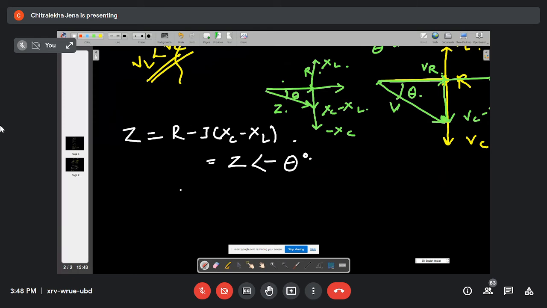So Z is present at an angle of minus theta degree, right?